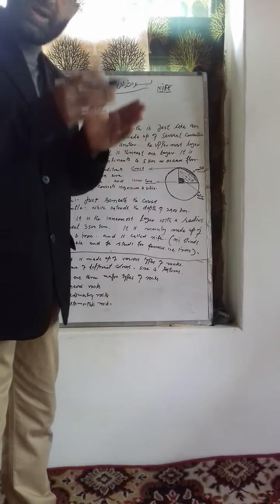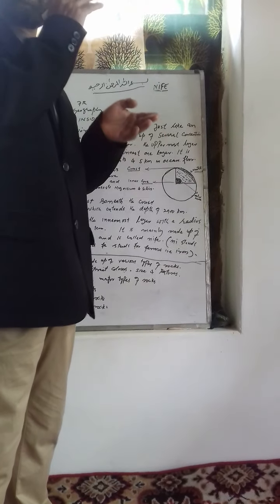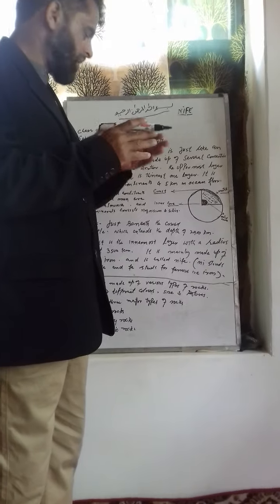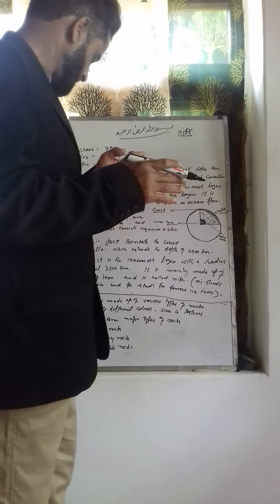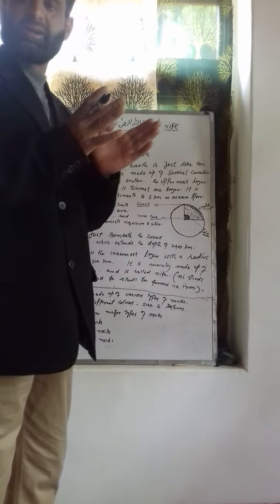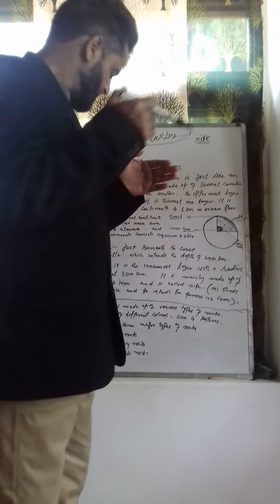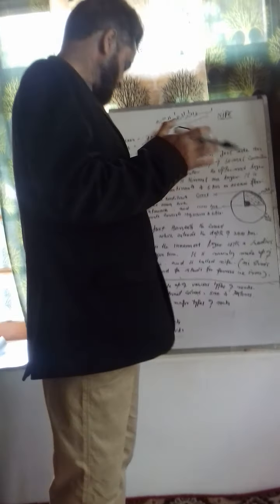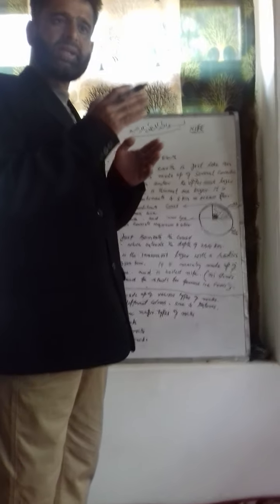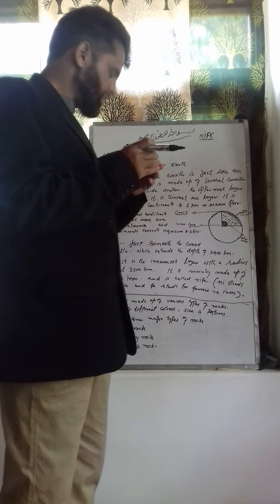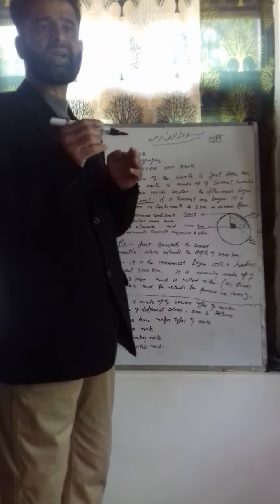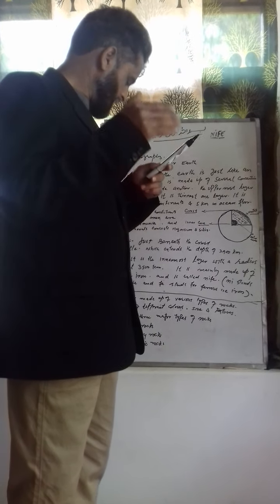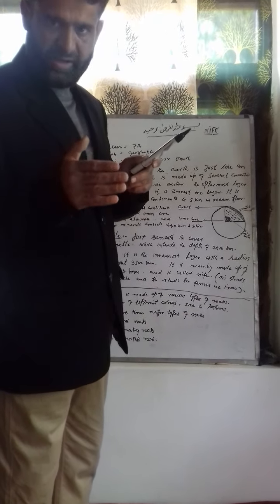Rocks are of different colors, different sizes, and different textures. There are three major kinds of rocks. The first one is known as igneous rock, the second one is known as sedimentary rock, and the third one is known as metamorphic rock. So there are three kinds of rocks: igneous rocks, sedimentary rocks, and metamorphic rocks.